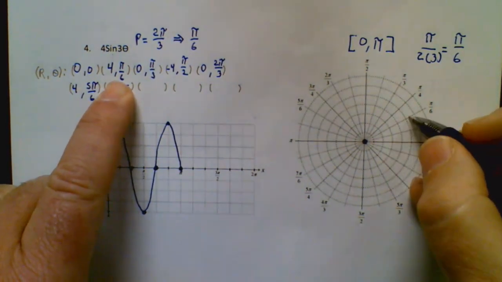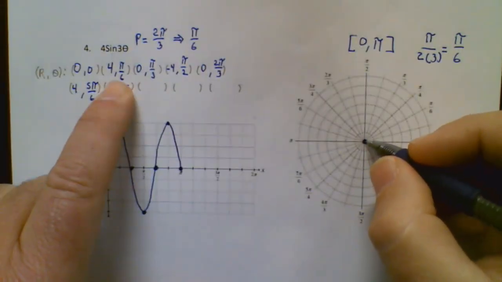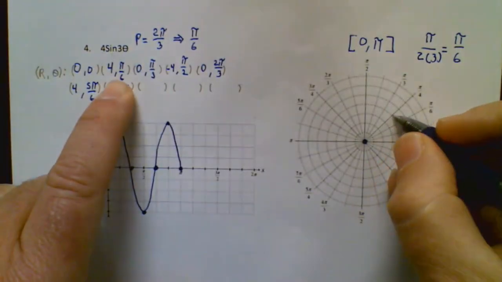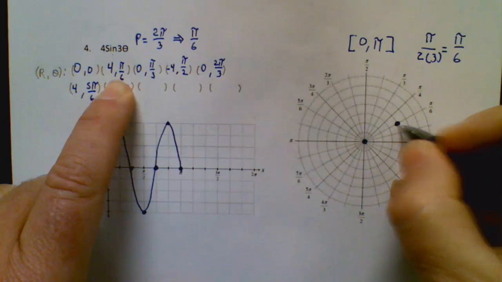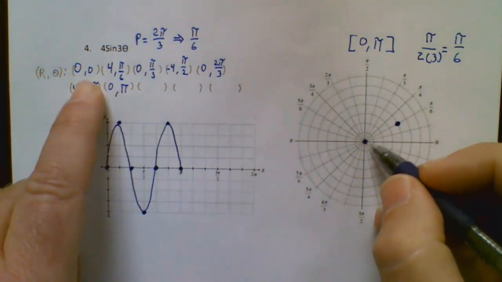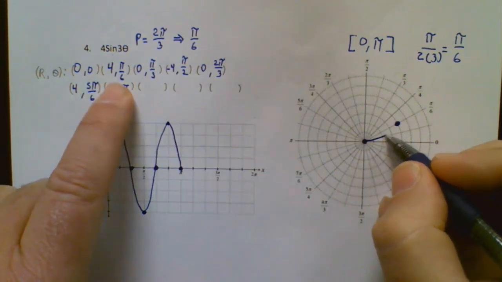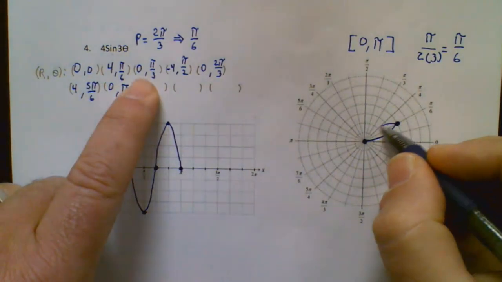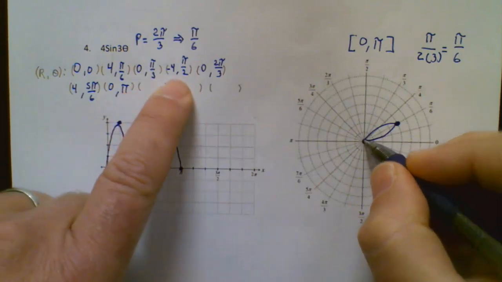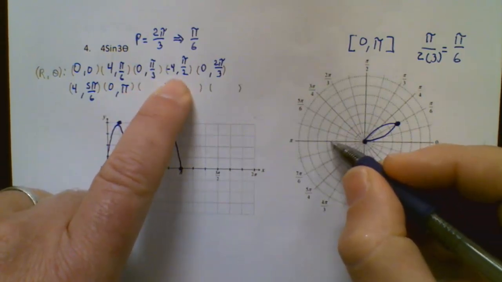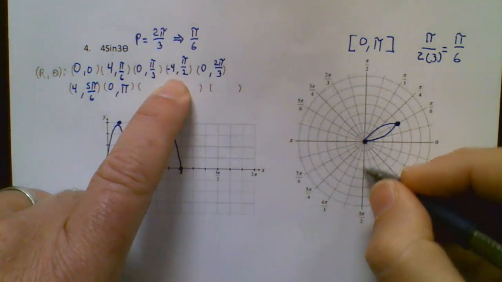So as I go to pi over 6, my radius is approaching 4, and that's where we're going to get the first petal. So started at 0, started at the origin, then it went to here, back to 0, to the minimum, negative 4, pi over 2, 4.